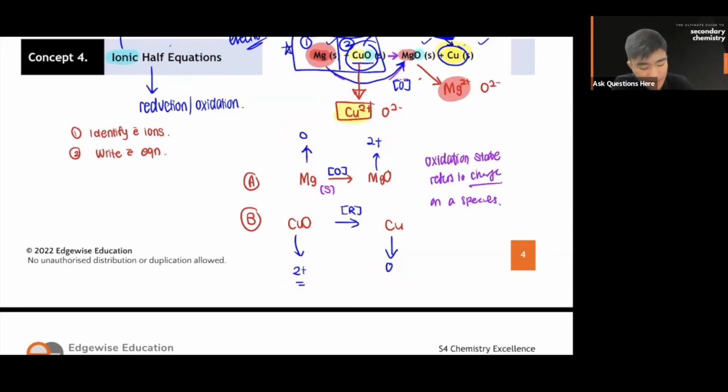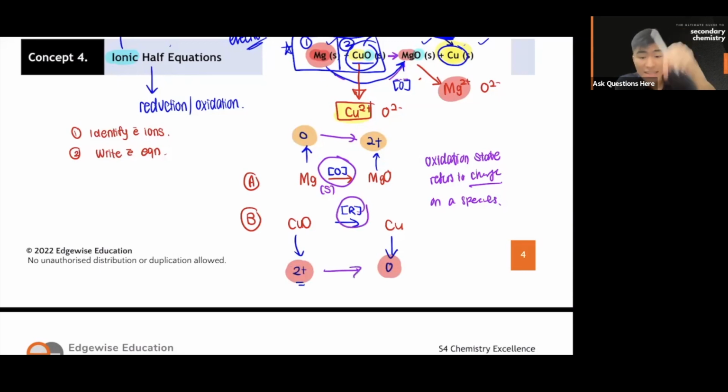So let's look at this carefully. 0 to +2, if there is an oxidation reaction, what happens? The oxidation state increases. Agree with me? On the other hand, if it's going from +2 to 0, the reduction reaction takes place.